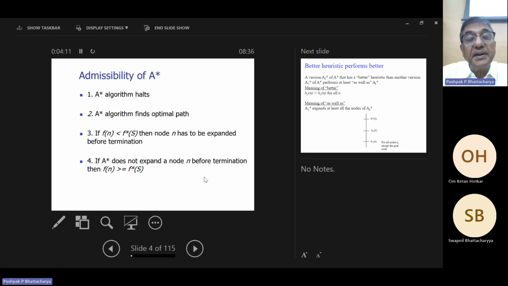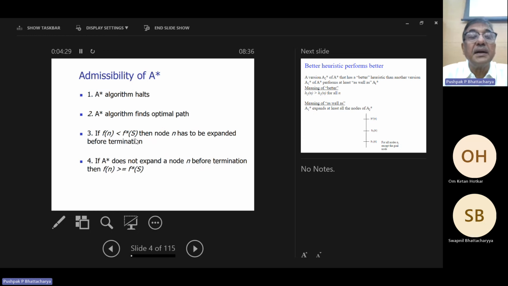And if A star does not expand a node N before termination, then by implication, the F value of that node must be greater than or equal to F star S.